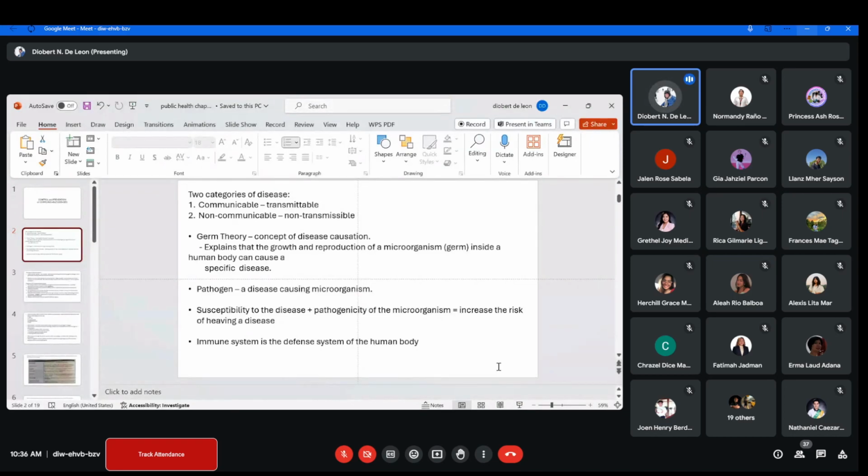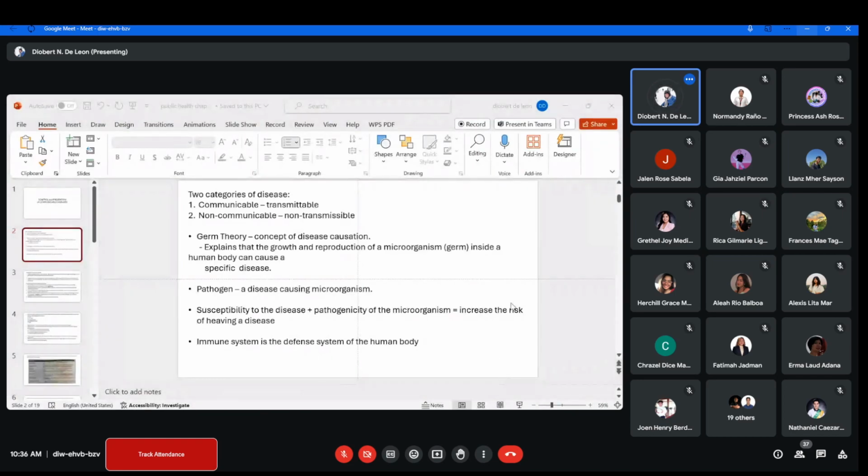Okay, so a person can be exposed to many microorganisms, but it does not necessarily mean that the person will get sick and will develop that kind of disease, no? So if a person's susceptibility to the disease is added with the pathogenicity and development of the microorganism inside the body, it can increase the risk of having a disease.